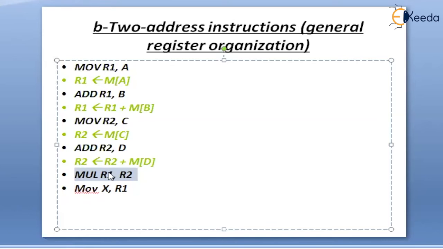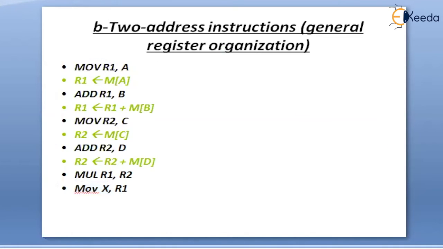R1 holds the contents, that is A plus B into C plus D. Finally, when we execute the instruction MOV X, R1, the contents of R1 will get transferred to X. Likewise, we evaluate the same expression, A plus B into C plus D equal to X, in two address instructions.